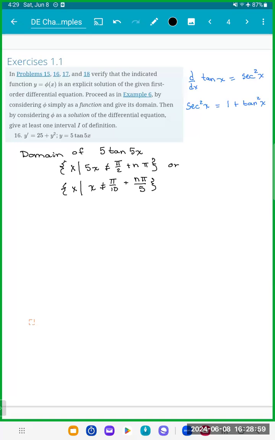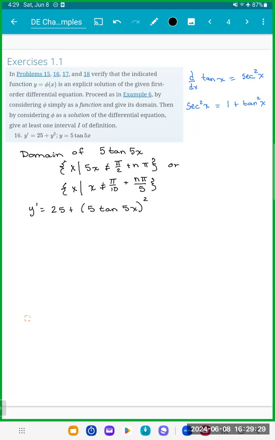Now we're given our y prime, but let's go ahead and plug y into that. We have that y prime is equal to 25 plus y squared. We can just plug in our y here, which is 5 tangent of 5x, squared, because that's all we're doing is plugging that in.